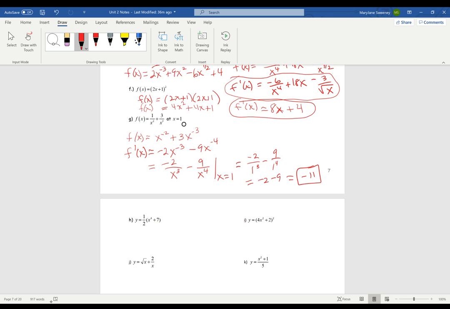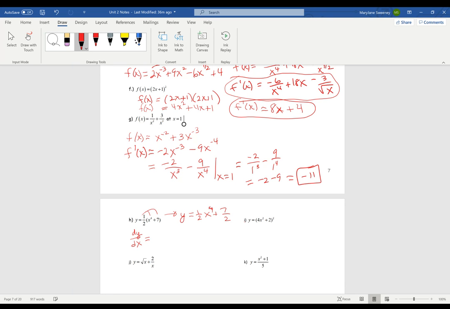Okay, so for dy dx, or I could use y prime, I first need to rewrite y as 1/2 x to the 4th plus 7/2. Right? I have to first have terms.